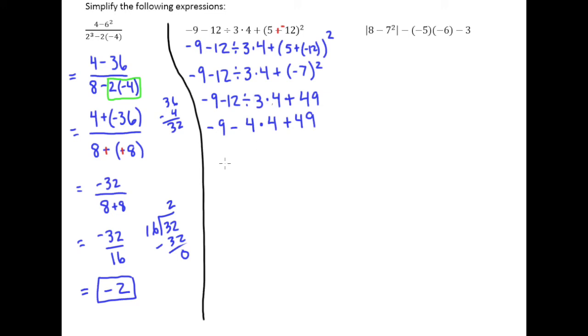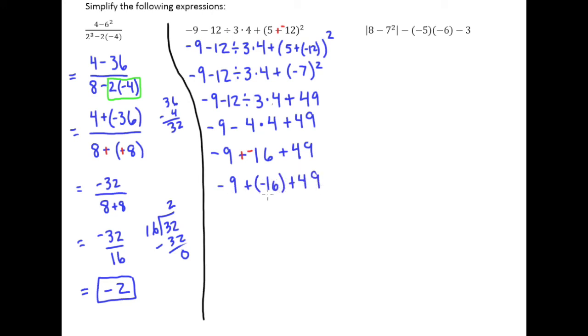And now we take care of the multiplication. Negative 9 minus 4 times 4 is 16 plus 49. And then we need to take negative 9 minus 16. Again, make sure we're doing this correctly. I will change this to plus the opposite. So we have negative 9 plus negative 16 plus 49.